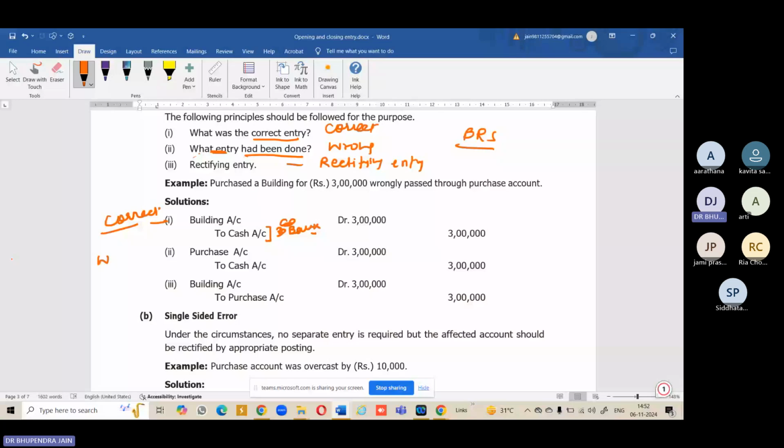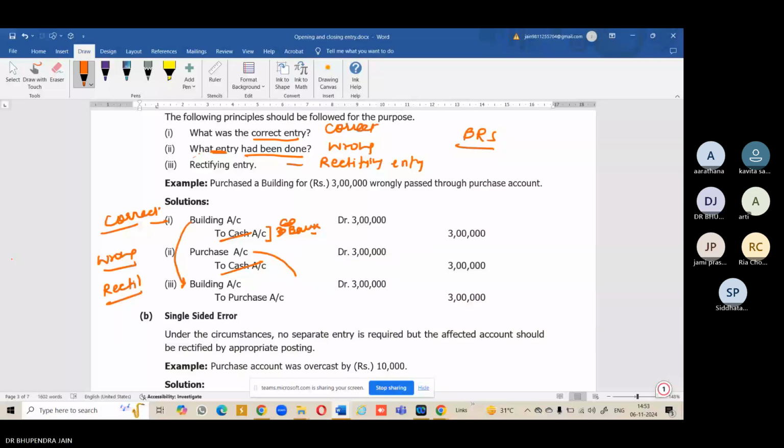So cash and cash we have entered on the same side. So just cancel the cash and cash. Then how to pass the rectify entry? Write down the correct in the correct side, first rule, and write down the wrong in the opposite side.